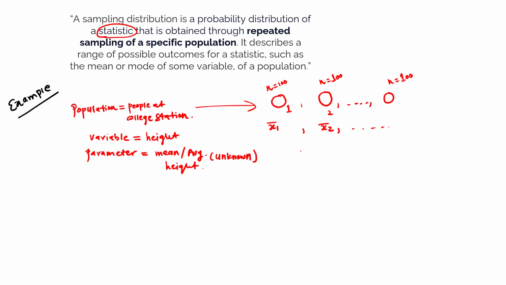Okay, so the distribution is called the sampling distribution.